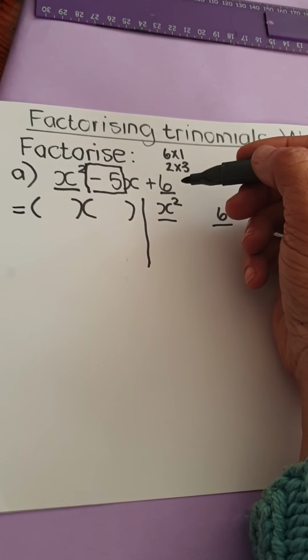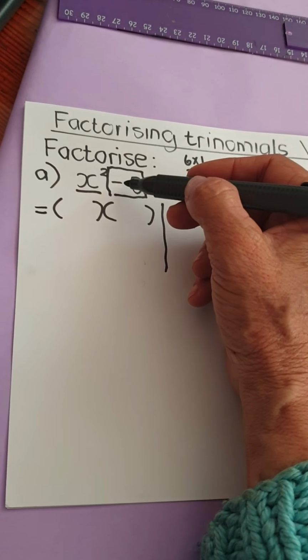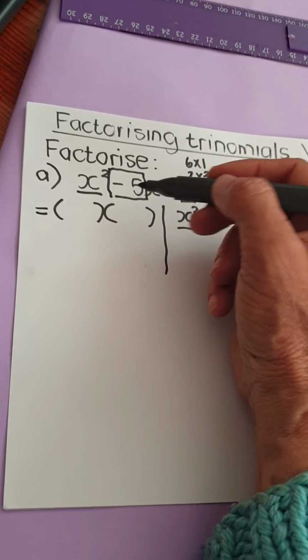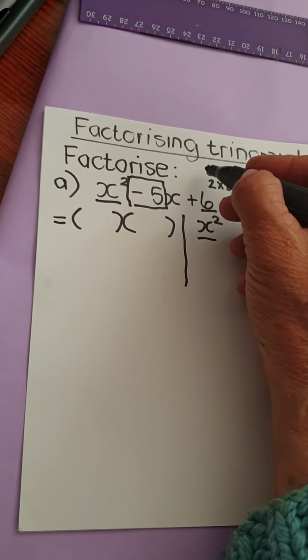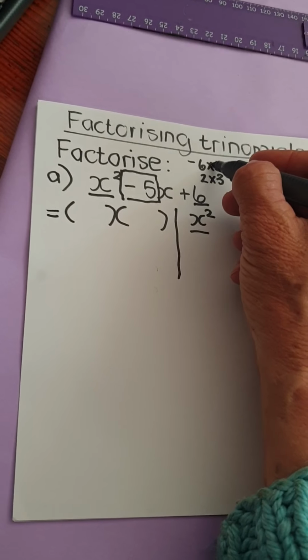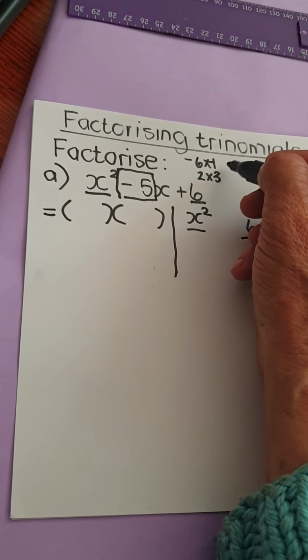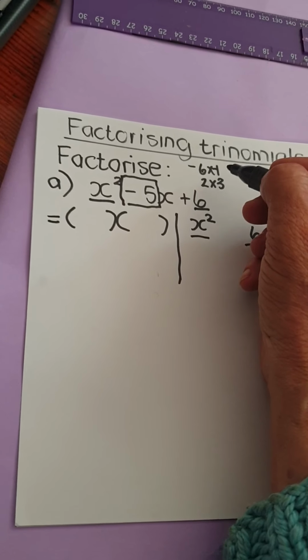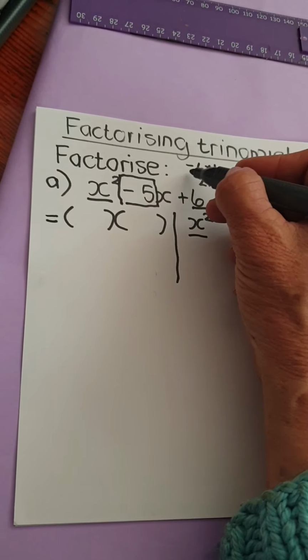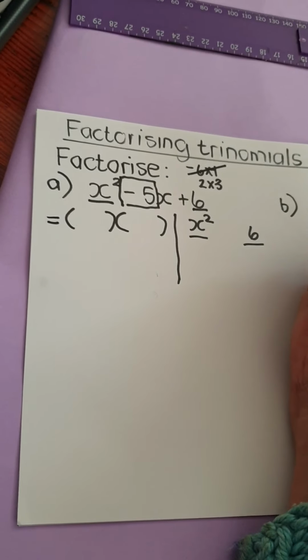But if I add two positives, it's not going to give me a negative, so I can't deal with positive factors. Both must be negative, which means negative 6 times negative 1 gives plus 6, but negative 6 plus negative 1 gives negative 7. So I can absolutely not use 6 and 1.